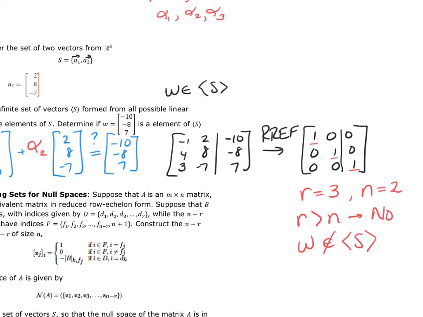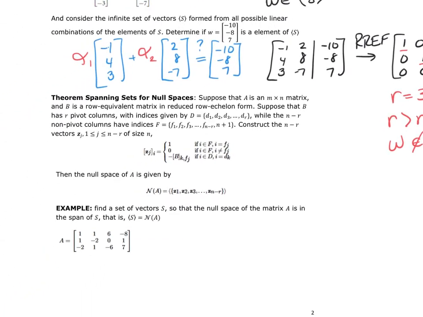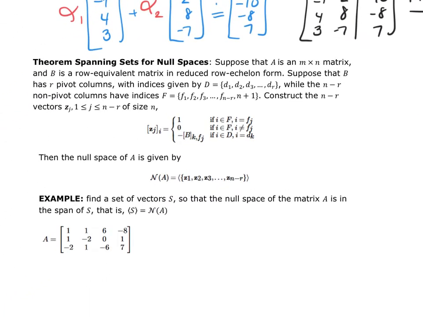So let's go on to some definitions. Let's take a look at this first definition, the theorem of a spanning set for null spaces. So you read through it and it's pretty cool, and you're thinking, but we kind of did that? Yes, we did it, but before, we weren't doing the spanning set, we were talking about the null space and homogeneous systems.